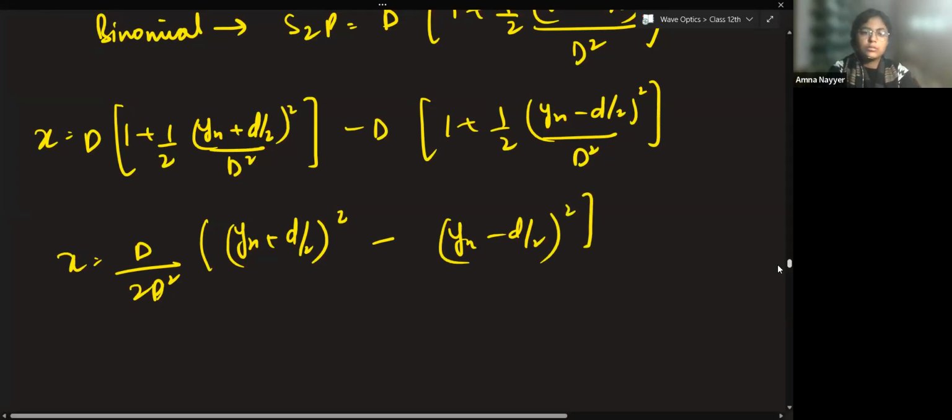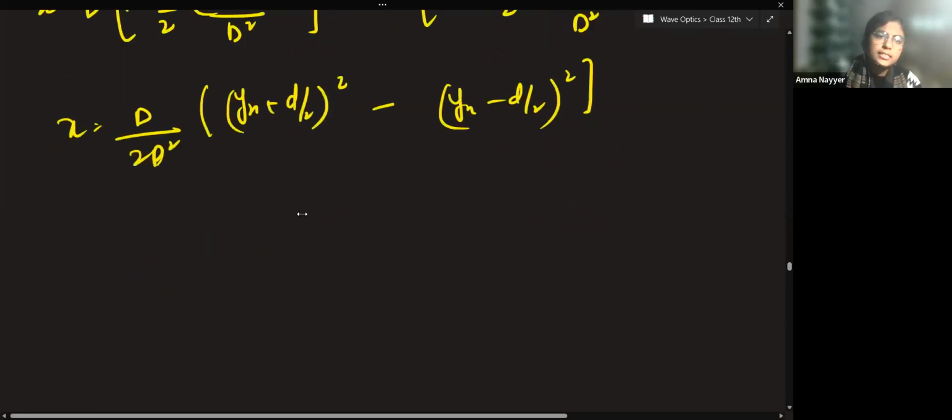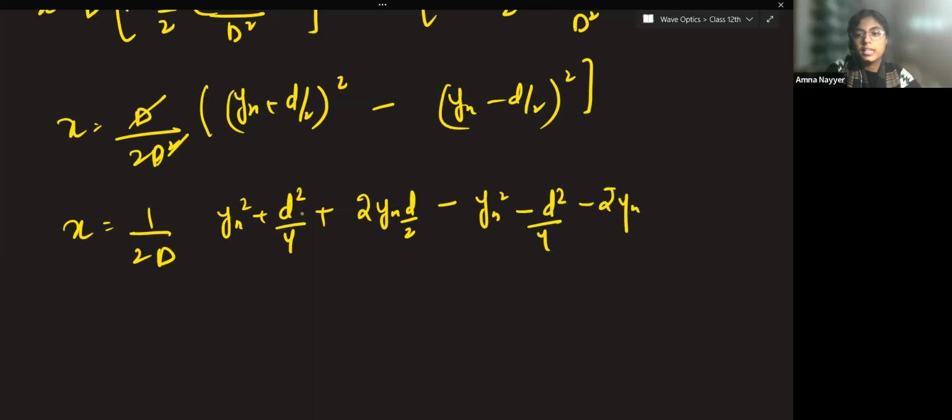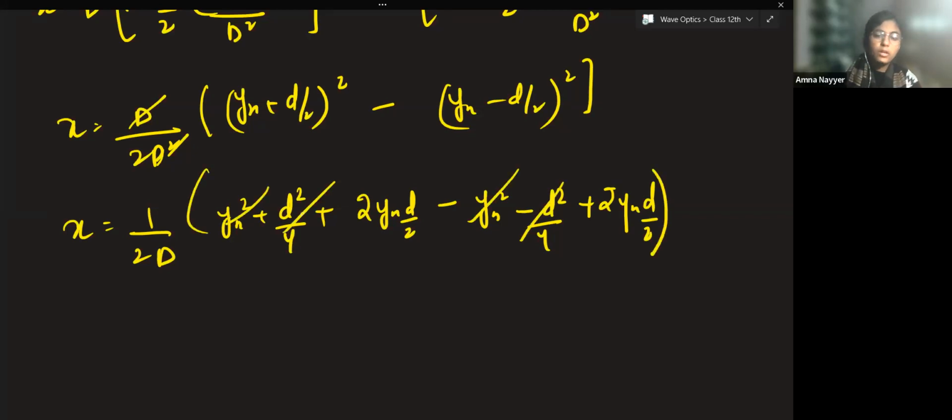Now see, this D is also getting cancelled with this square. So x is equal to 1 by 2D. Open up the brackets: yn square plus d square by 4 plus 2 into yn into d by 2, minus yn whole square minus d square by 4 plus 2 into yn into d by 2. So this gets cancelled. It's a very long derivation, but if you break it into parts and then study, otherwise it will become very difficult to understand.